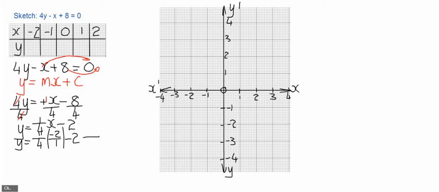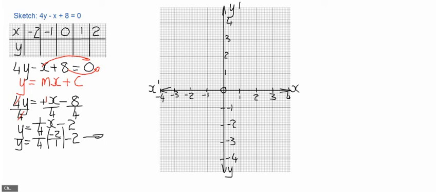If we work this out, a quarter times negative 2 will give me negative half, and negative half minus 2 will give me negative 2 and a half.